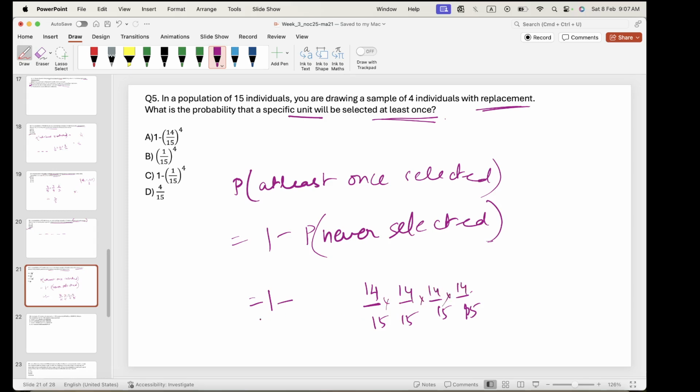First position, that unit is not selected, probability 14 by 15. Second spot, that unit is not selected, again 14 by 15. Third, fourth, similarly. So the answer is 1 minus (14 by 15) to the power 4. That is A.